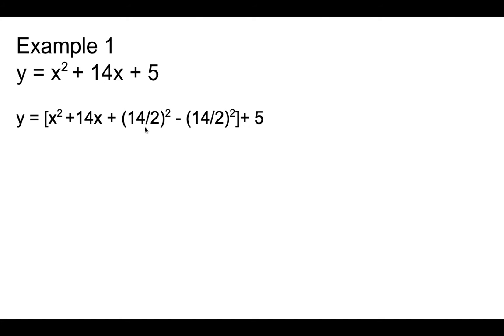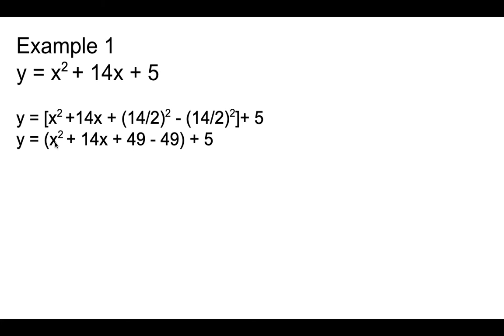Because if we do this, we have to subtract it so we don't change the overall equation. Then I'm going to put another bracket here and don't forget the constant at the end. So let's do these. So 14 divided by 2 is 7, squared is 49. So I'm just going to clean that up a bit in the next line. So these two become 49.